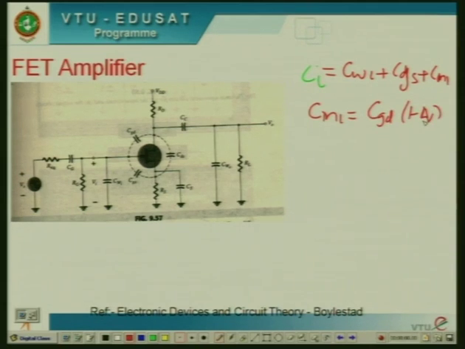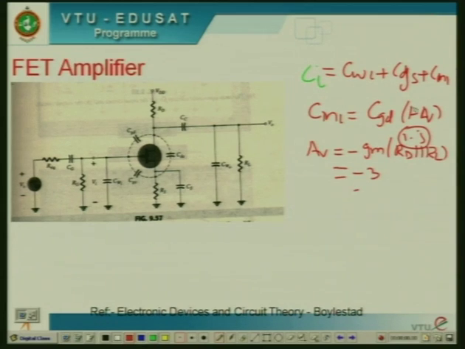So we need to calculate the gain of the amplifier. We know that the gain Av is equal to minus gm into Rd in parallel with RL. If you substitute the Rd and RL values, this gain is approximately minus 3, where the parallel combination of Rd and RL is 1.5 kilo ohms and gm is 2 into 10 to the power of minus 3 Siemens. Therefore, you get this value as minus 3.